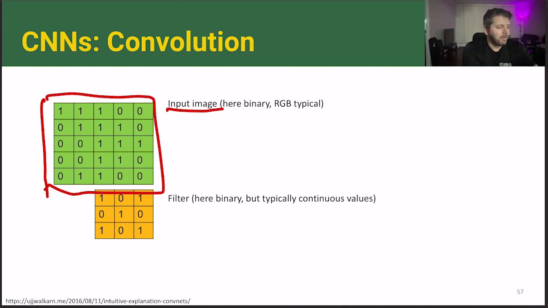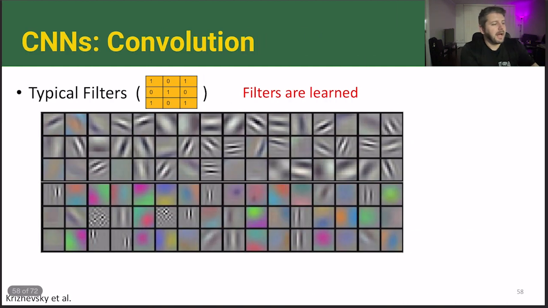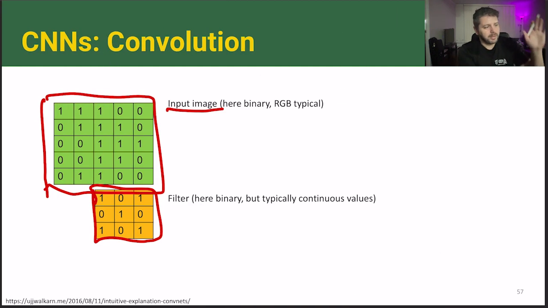And then we have a smaller filter which also has values in it. And what we then do is take the Hadamard product of applying the filter onto an image and then storing the summation of that value, and then moving the filter across the image until it covers the entire patch of it, and we're always recording the output of the Hadamard product and the summation in what we call the activation map.